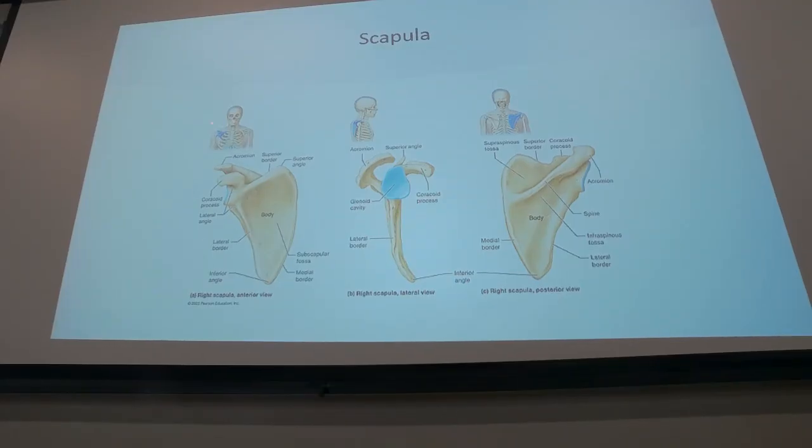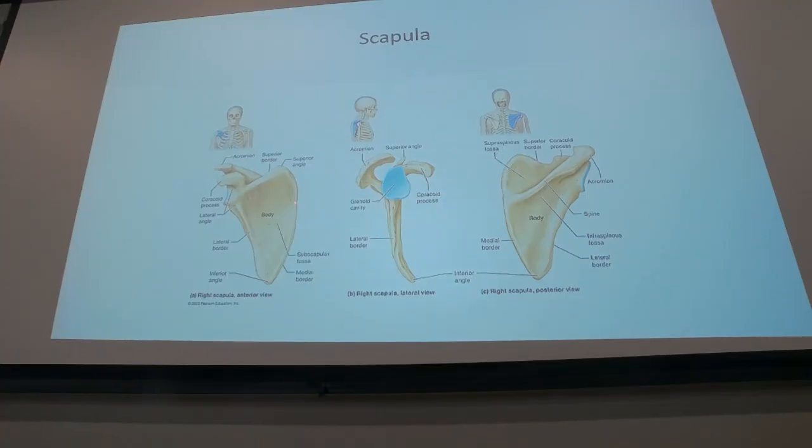So what you're looking at here is this anterior view. In the anterior view, you can see these borders: superior, medial, and lateral border. The connections between the borders are angles. So between the superior border and the medial border, you have the superior angle. The connection between the medial border and the lateral border, since it's inferior, you call this inferior angle. And then the connection between the superior border and the lateral border is the lateral angle.